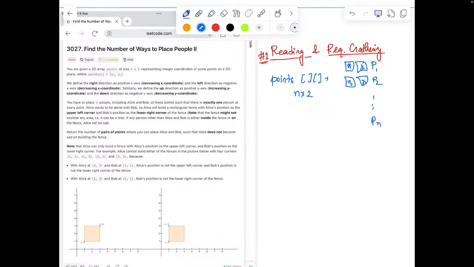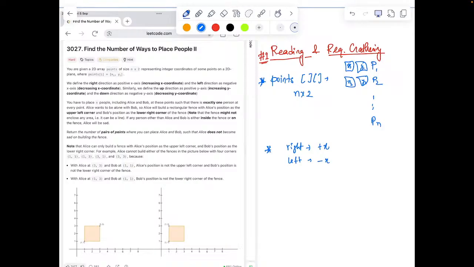We define right direction as positive x-axis, increasing x coordinate. So this is the first info. Second info is right is positive x and left is, not negative y, it is decreasing x coordinate. So I have to make a correction over here. It is minus of x.